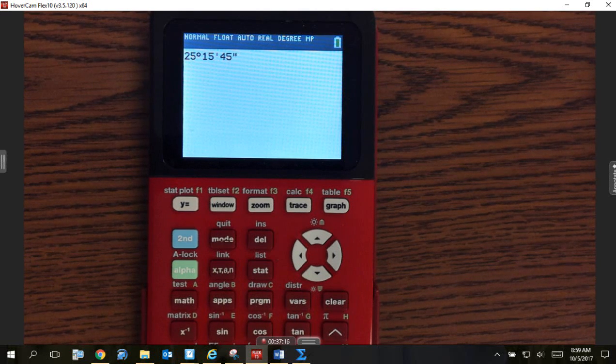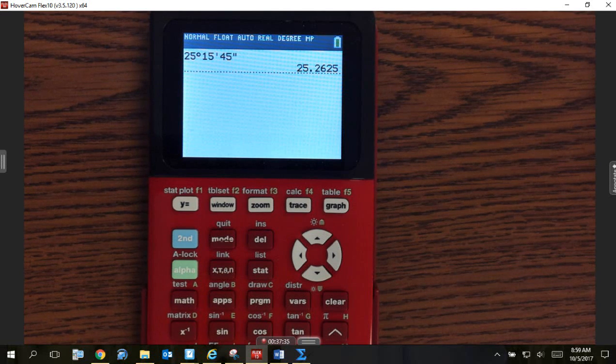Once you have that typed in, hit enter. And that's the decimal version. So you could have the decimal version and do whatever calculations you needed to with the decimal. Then we might need our answer put back in degrees, minutes, and seconds.